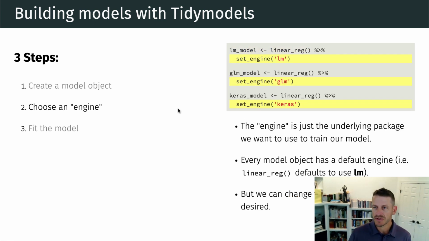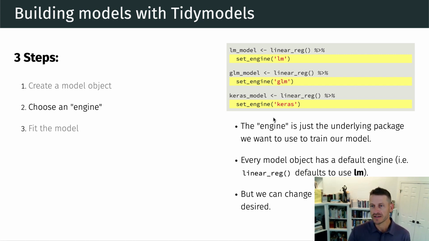Now the next step is to set the engine, or to specify which package we want to use to implement that algorithm. So we may want to implement a linear regression model with the LM package, or we may want to use the GLM package or the Keras package to do so, right? There can be many different reasons why we choose a certain engine or package to implement an algorithm. It could be efficiency. It could be more flexibility in the different type of hyperparameters it provides, and so on, right?